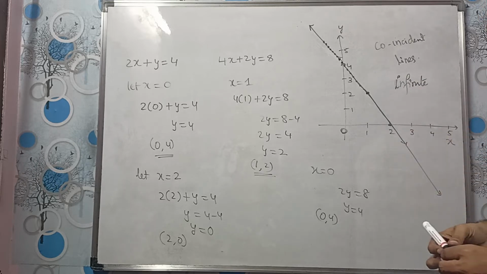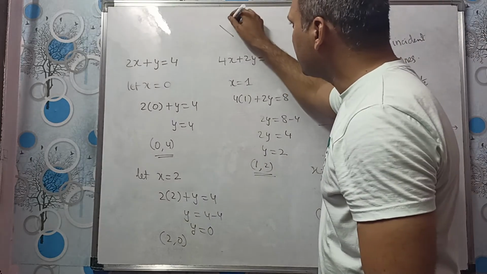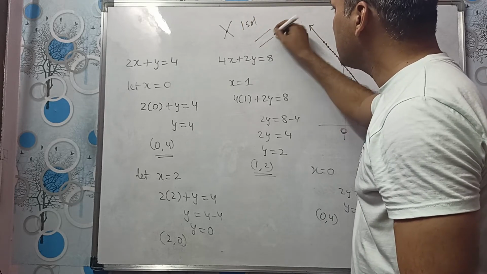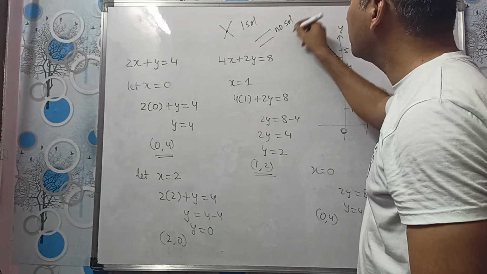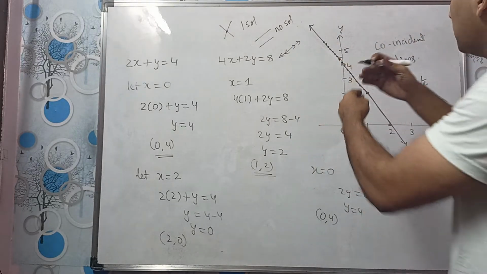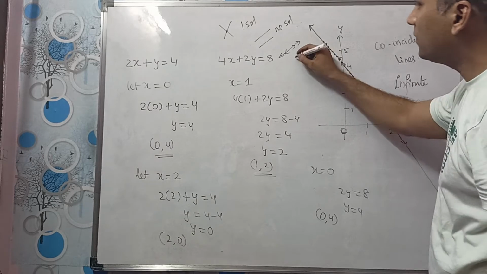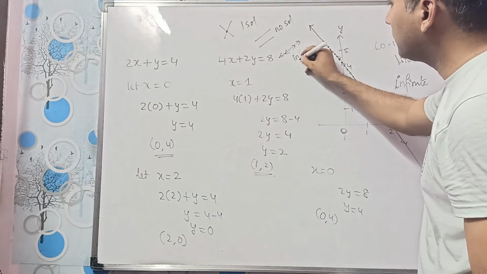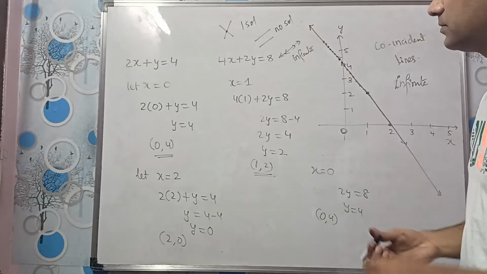When the lines are intersecting, you will have one solution. When the lines are parallel, we will have no solution. And when the lines are coincident, one lying on the other, we will have infinite solutions.